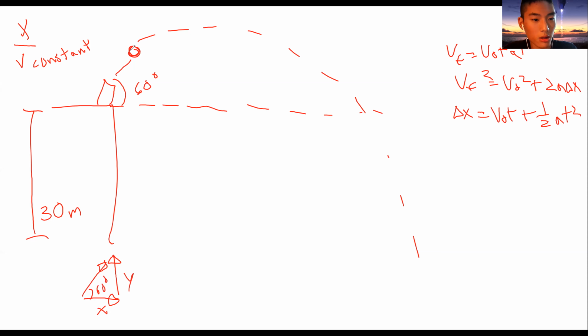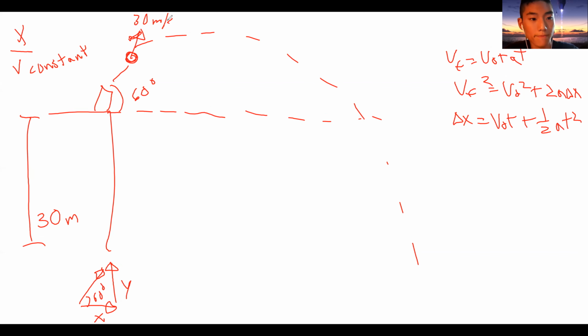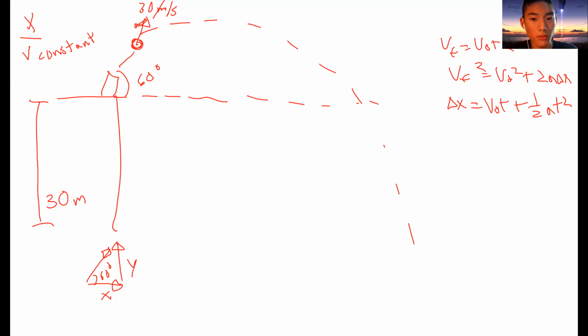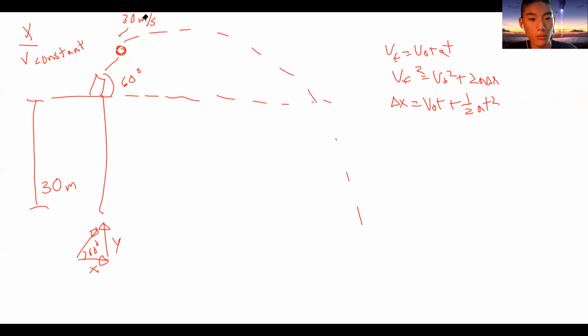And let's say this object is being launched out at 30 meters per second. So you have a 30 meters per second velocity, and that's your resultant.